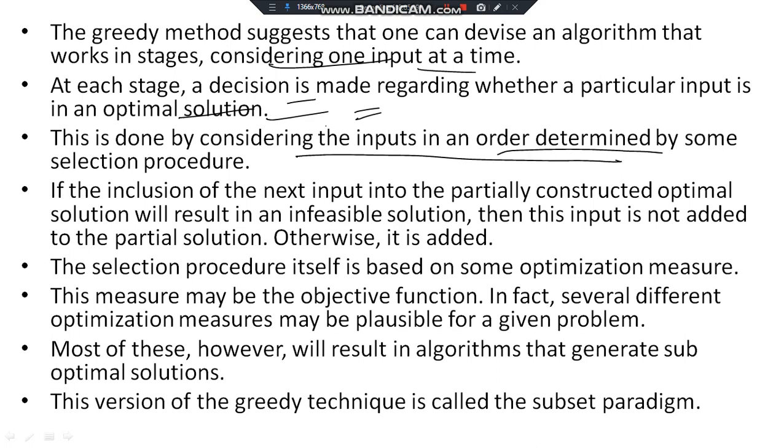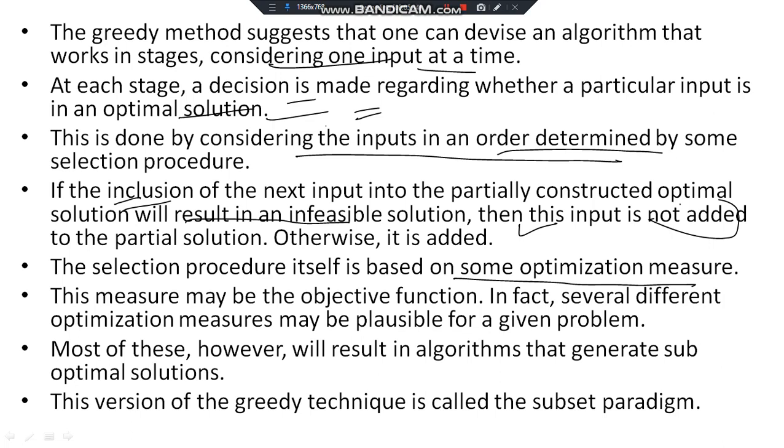The basis on which we take the decisions is this: if inclusion of the next input into the partially constructed optimal solution will result in an infeasible solution, then the input is not added. Otherwise it is added. The selection procedure itself is based on some optimization measure. This measure may be the objective function.